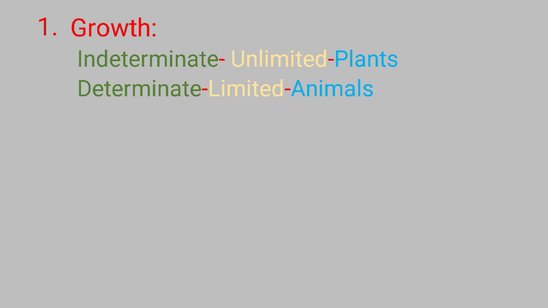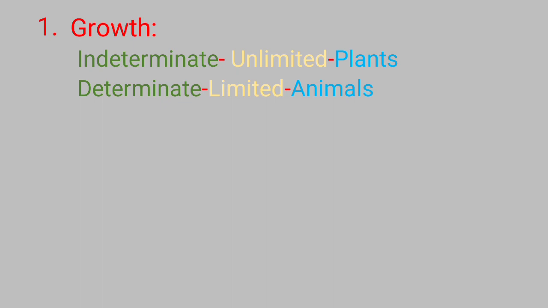For example, in plants there is unlimited growth. Unlimited growth means it occurs from everywhere, that is stem grows, roots grow, branches grow. This indeterminate growth, which occurs in plants, occurs in the whole lifetime till their death.